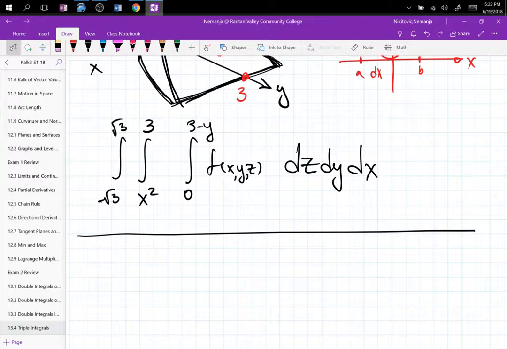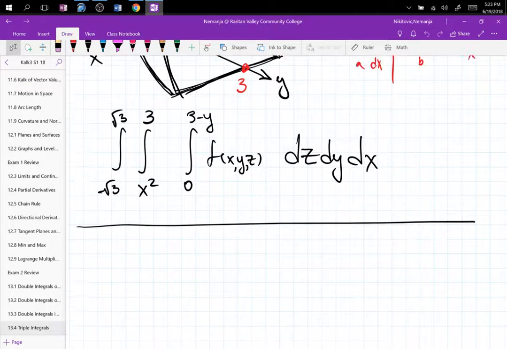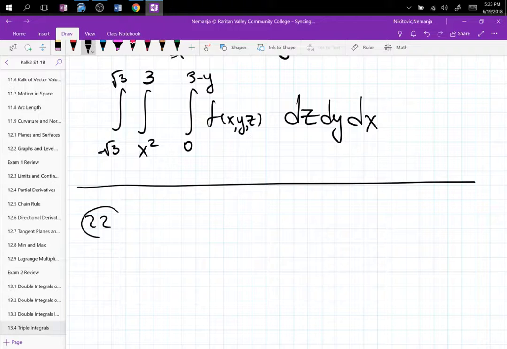But as soon as we cover cylindrical coordinates, it becomes a joke. So I'm not going to spend time setting up something that we will never compute. Let's take a look at something we could have fun with. How about, ooh, okay, this is nice, 22. So, good luck drawing this thing now.